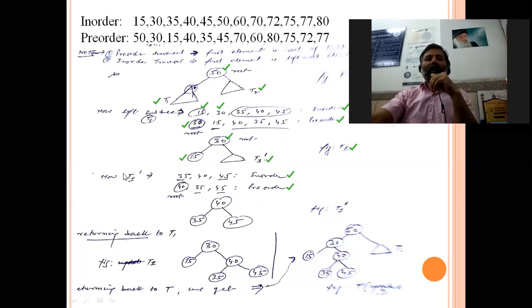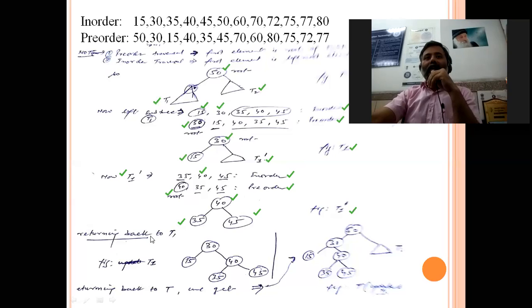Now again, by pre-order traversing, this 40 will become the root. Take this 40 in the in-order traversing. After 40 we have 45, and before 40 we have 35. So definitely 35 is the left child and 45 is the right child of this 40 node. So we got this T1 dash.